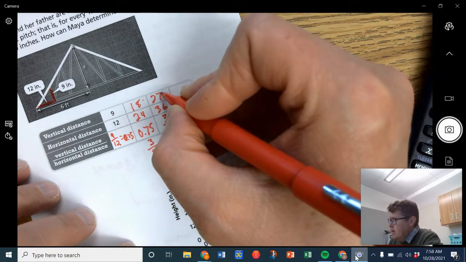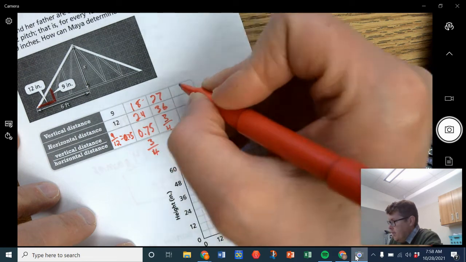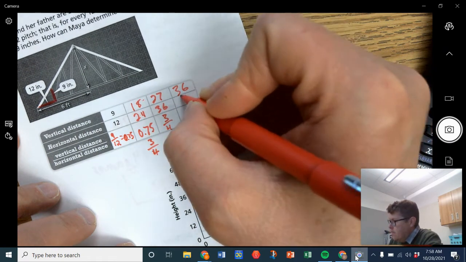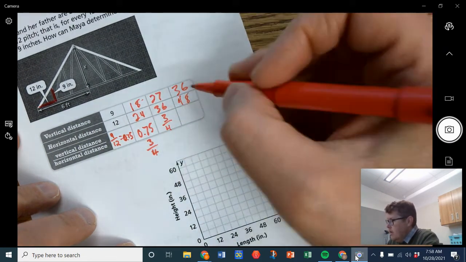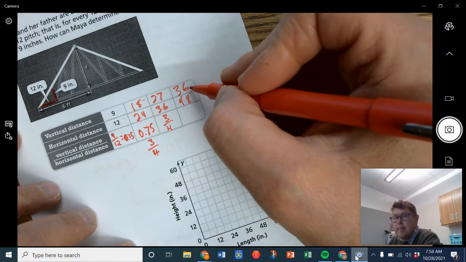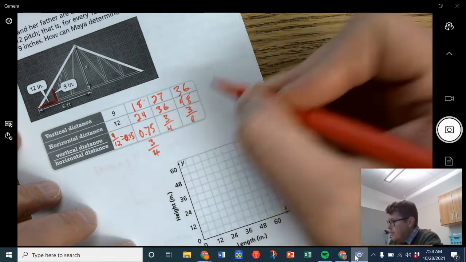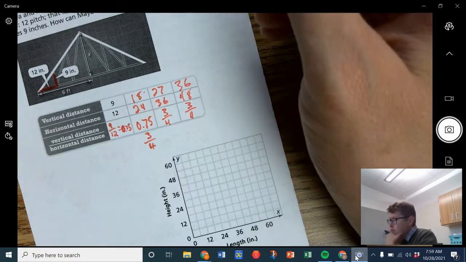Then 36 and 48. Same thing, we'll divide the top by 12 and the bottom by 12, and we get to 3/4.